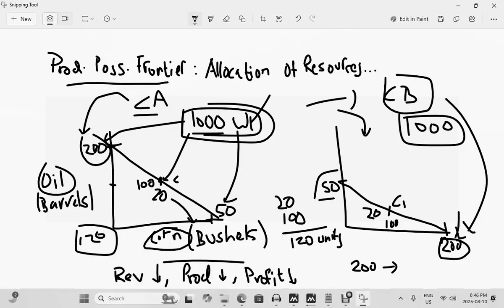So now all of a sudden you can't supply to another country because you're producing way less based on productivity, based on efficiency, based on absolute advantage, because you decided to divide your labor to produce both products. And that's a reason why absolute advantage is very important, so that way you can supply the entire world.